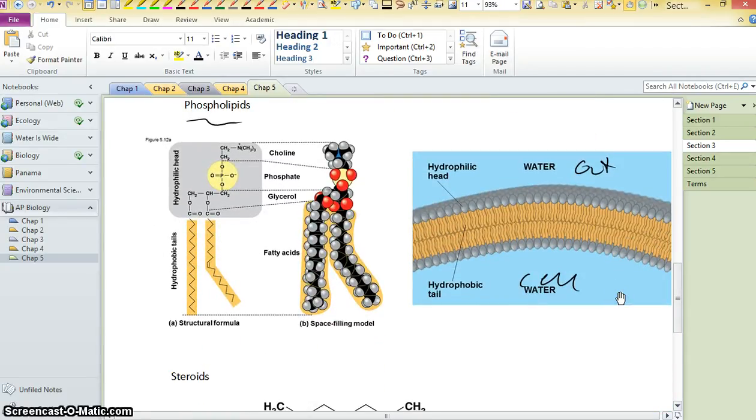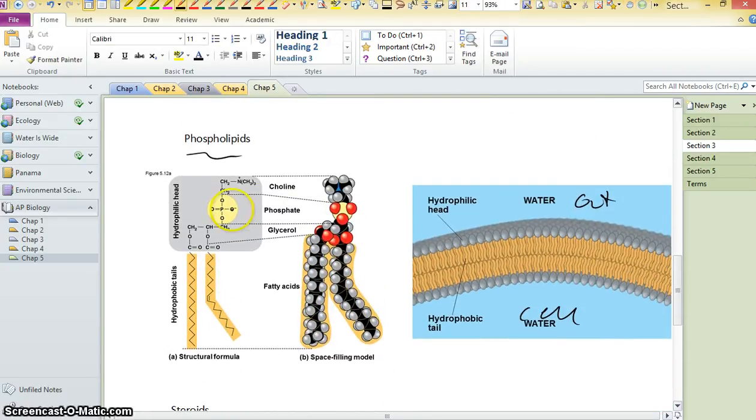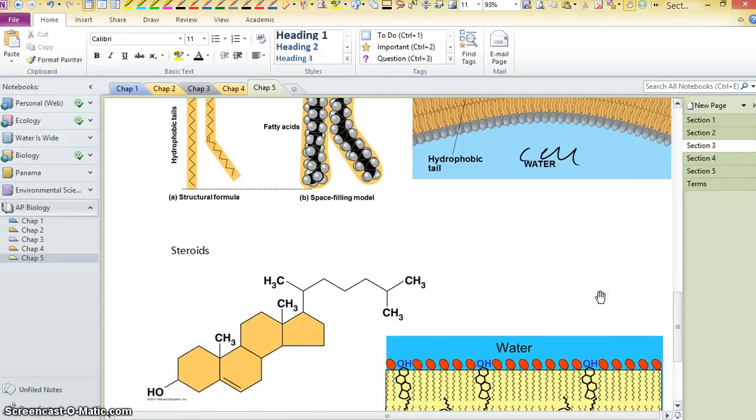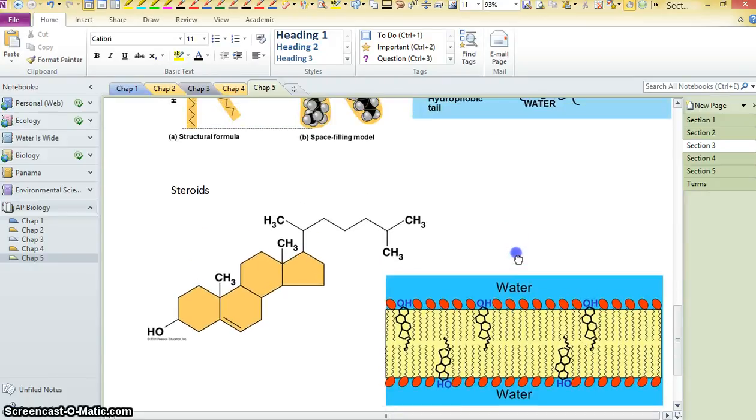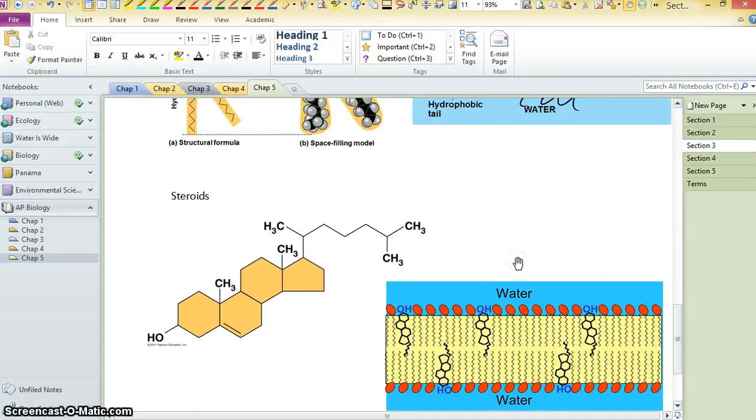Now, a phospholipid does have a charge on the phosphate end, and so that end of the molecule will stick to water. So when you take phospholipids and form this bilayer, they naturally form with the phosphate on the outside and the fatty acids on the inside. The phospholipid bilayer.